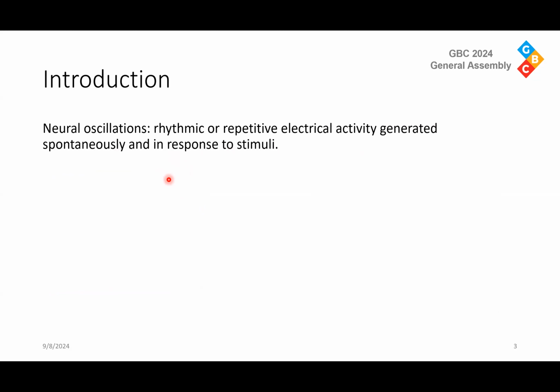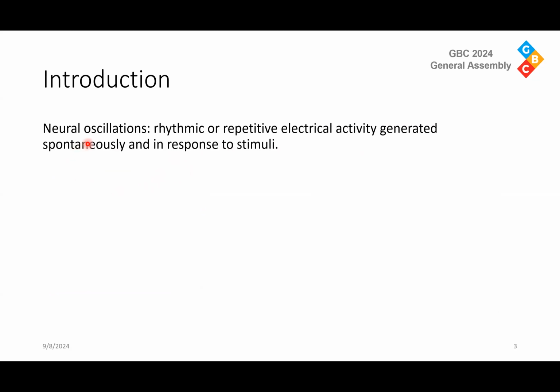But how do we precisely study these oscillatory patterns, and how do we parameterize them? Recently, people are working on neural oscillation parameterization, and we first need to clarify the definition of neural oscillation.